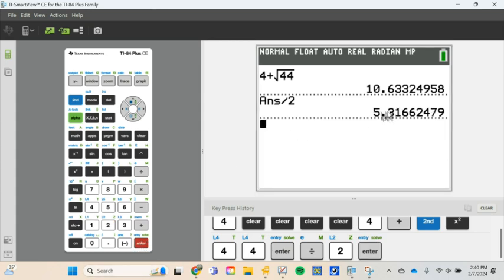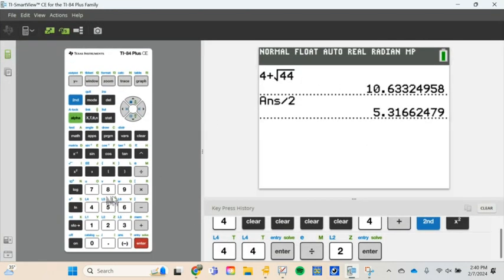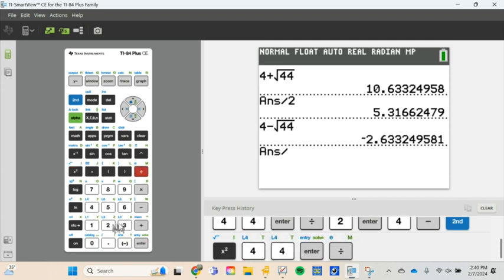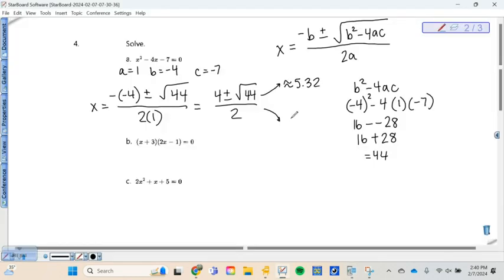So 5.32. So that's one answer, approximately 5.32. And then my second answer, I do the same thing except for minus square root 44 divide by 2, negative 1.32. And those are my two answers.